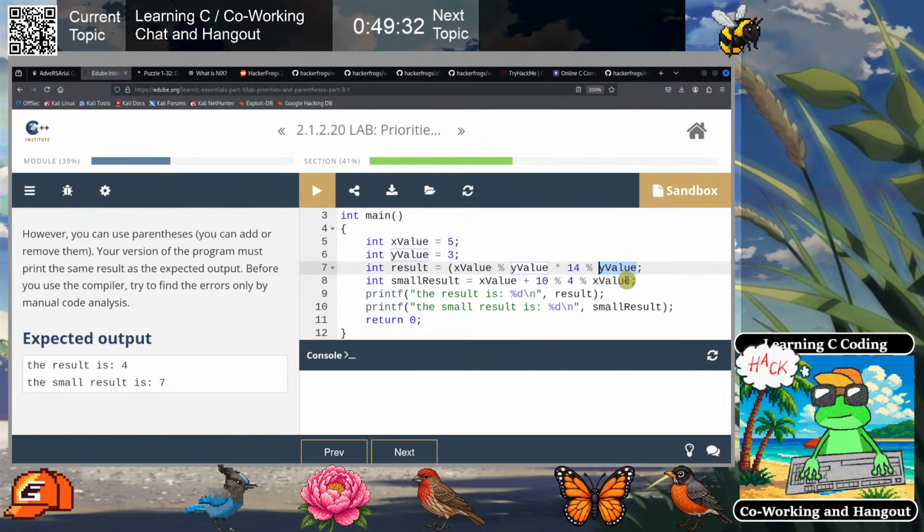We can't leave the modulo for last, because anything modulo with 3, the result has to be less than 3. And we want result to equal 4. X value is 5.